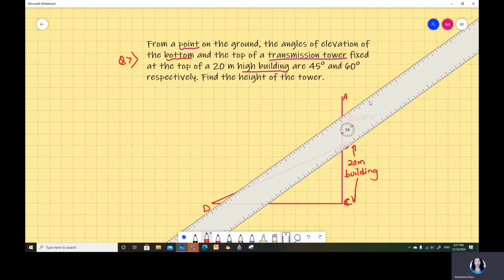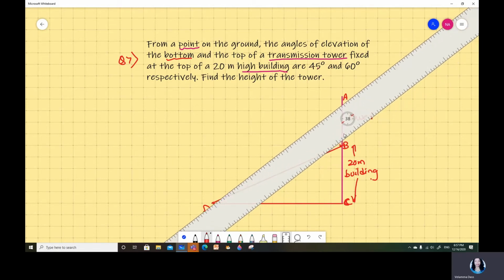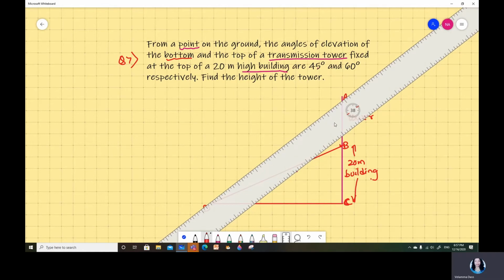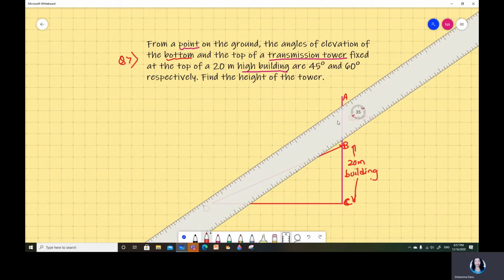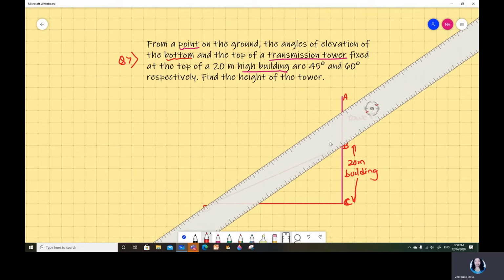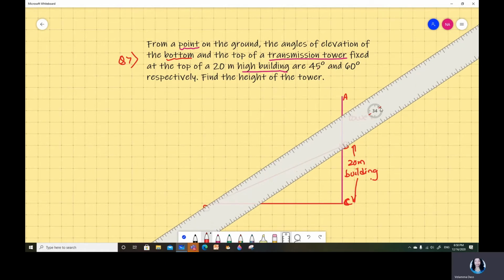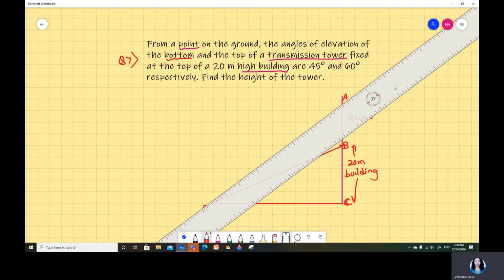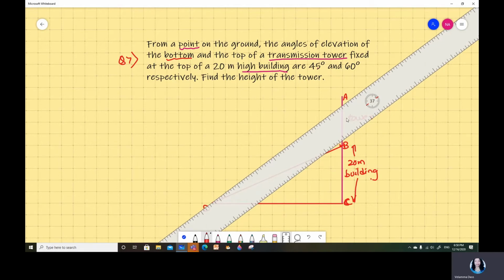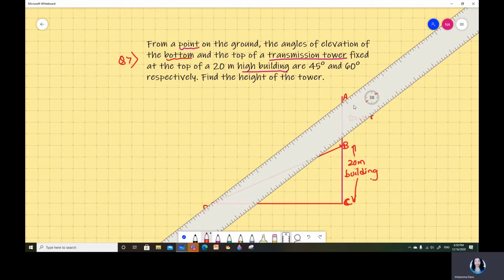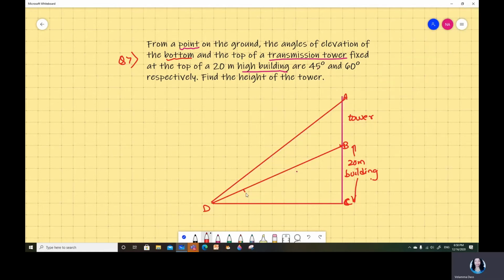Line of sight from D to A. So from D to A we have angles of elevation, this is 45 degrees and this is 60 degrees.